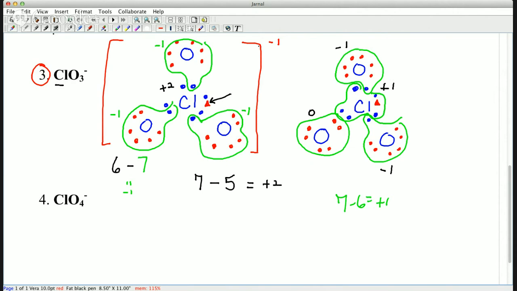So what I'm going to do is erase this, and I'm going to put another double bond here, and put another oxygen here. And this oxygen is going to put out 2 lone pairs left. Chlorine puts out its other 2 here. So 1, 2, 3, 4, 5, 6, 7.